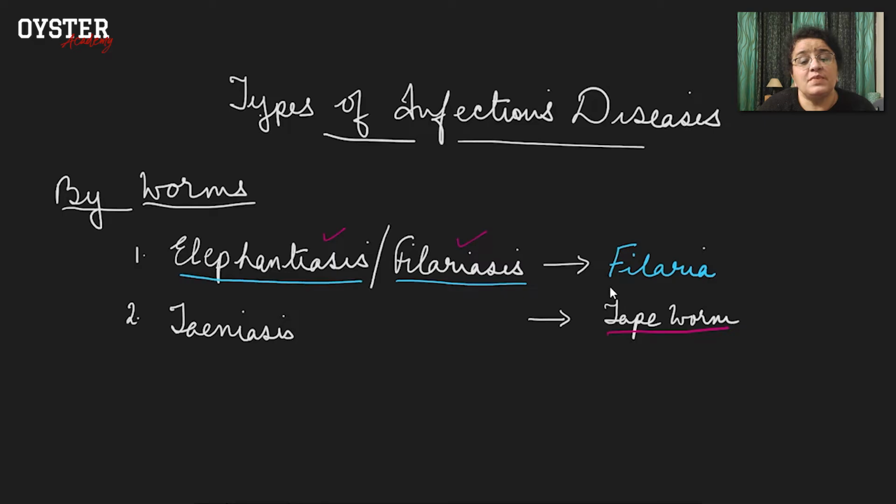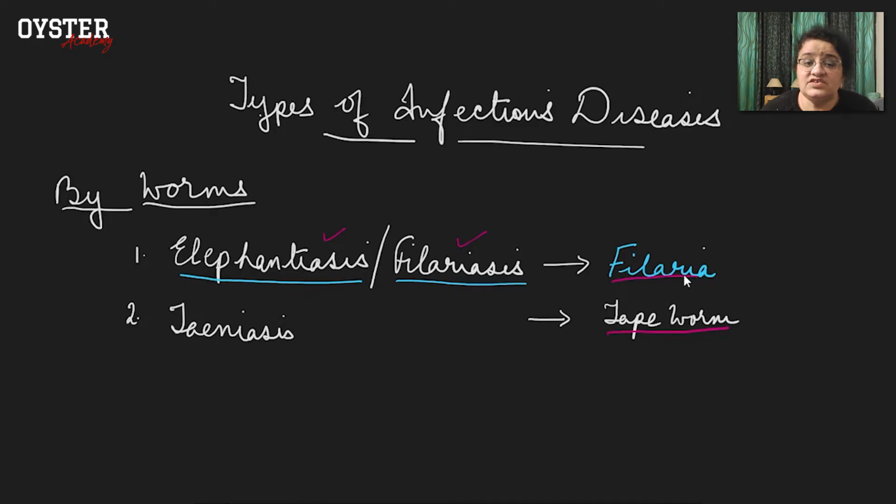It is caused by the worm known as filaria. Why is it known as elephantiasis? Because in this type of disease the patients' legs get swollen. They get bigger in size, just like the foot of an elephant, and hence the disease is called elephantiasis.